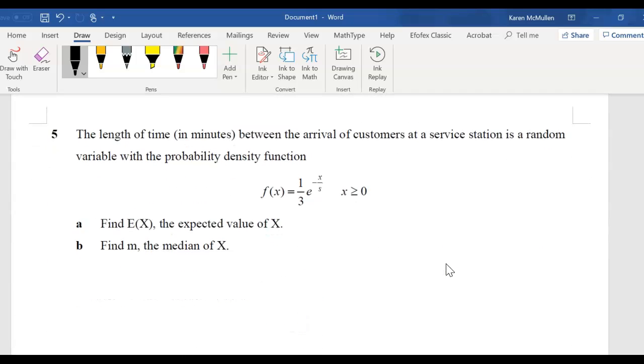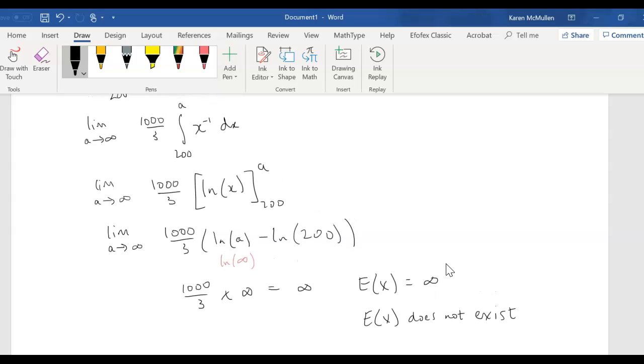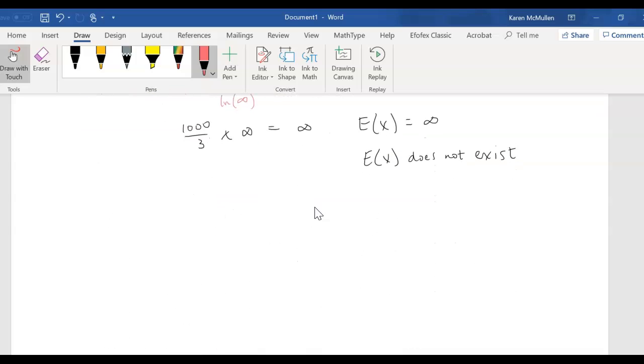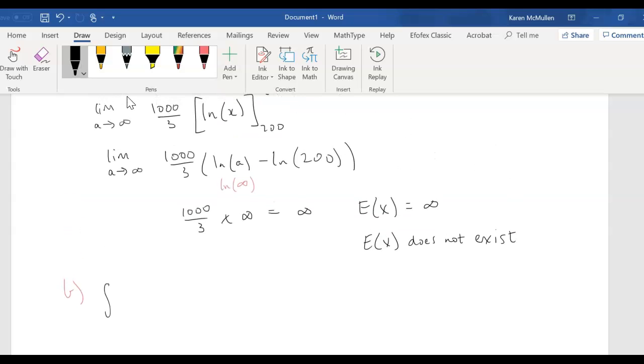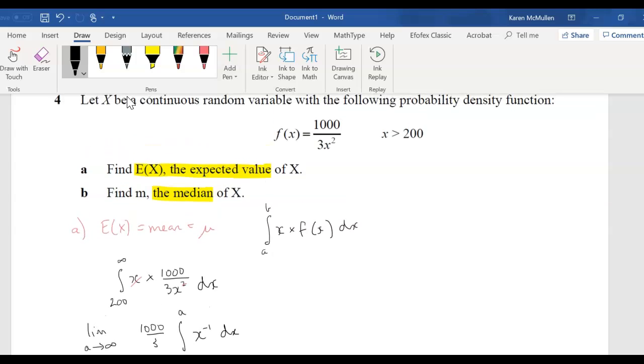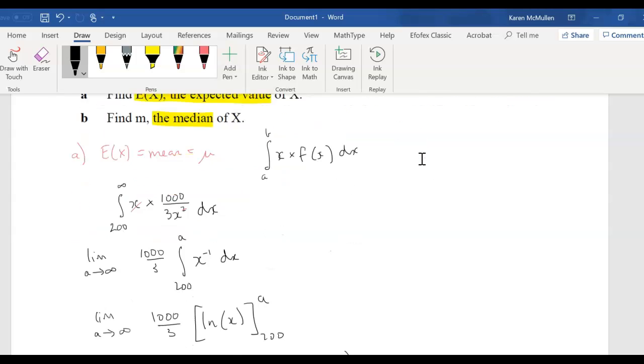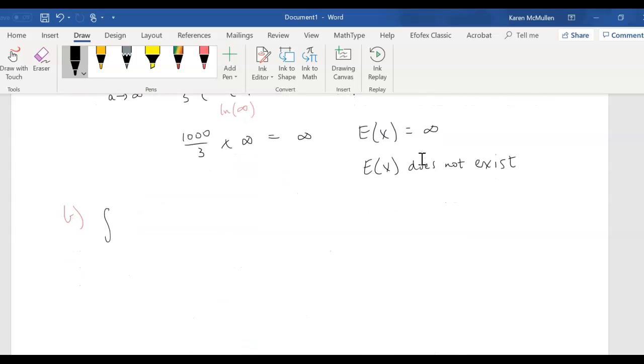Now moving on to question 5, we've got part B. We're going to find the median now. Let's write that down. Your median is some point, we don't know what that value is. We know our lower limit is 200, so we're going from 200 to something, which is our median.